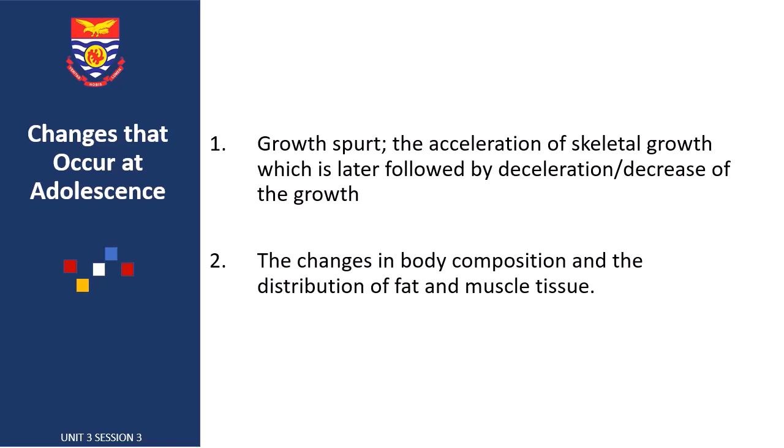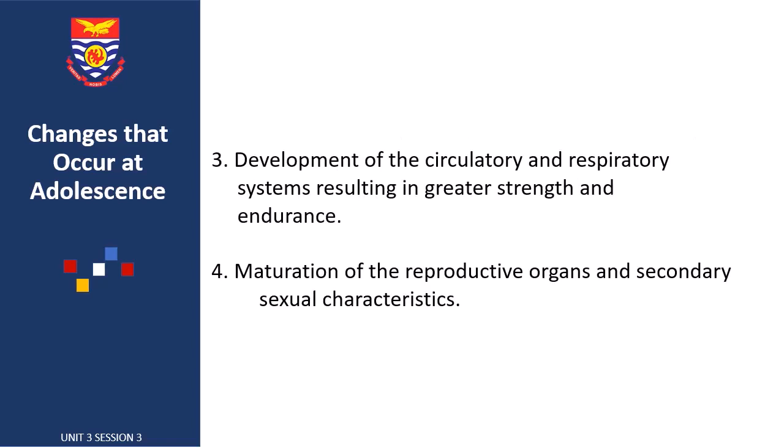The acceleration of skeleton growth, which is later followed by deceleration or decrease of the growth. The second is the changes in body composition and the distribution of fats and muscle tissue. The third is development of circulatory and respiratory systems, resulting in greater strength and endurance.